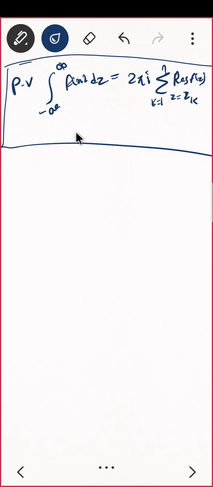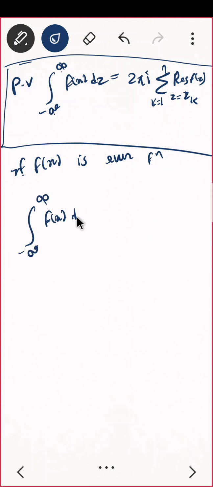Okay, so let us do one example then. One more thing: this is minus infinity to infinity. What about if your function is an even function? Then the integral from minus infinity to infinity of f of x dx will be even, so you can also write it as 2 times the integral from 0 to infinity of f of x dx, correct?